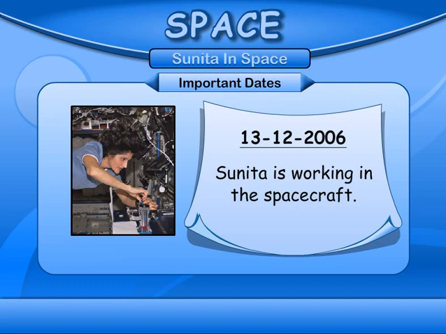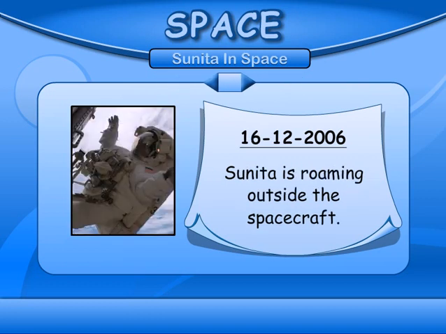On the 13th of December 2006, Sunita is working in the spacecraft. On the 16th of December 2006, Sunita is roaming outside the spacecraft.